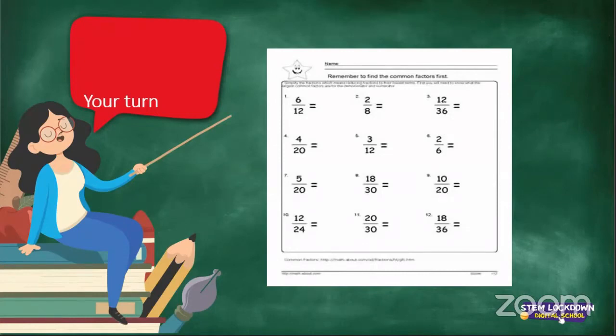And 6 goes into 36 6 times. So we have 2 over 6. Then we divide again by 2. 2 goes into 2 once, and 2 goes into 6 3 times. So we have 1 over 3. Or we can go straight to dividing by 12: 12 divided by 12 is 1, and 36 divided by 12 is 3. So we have 1 over 3.